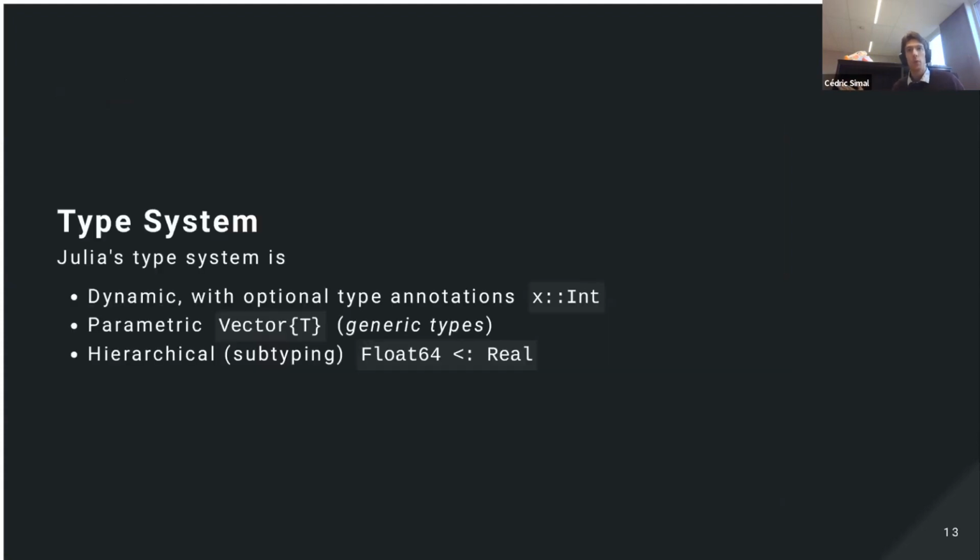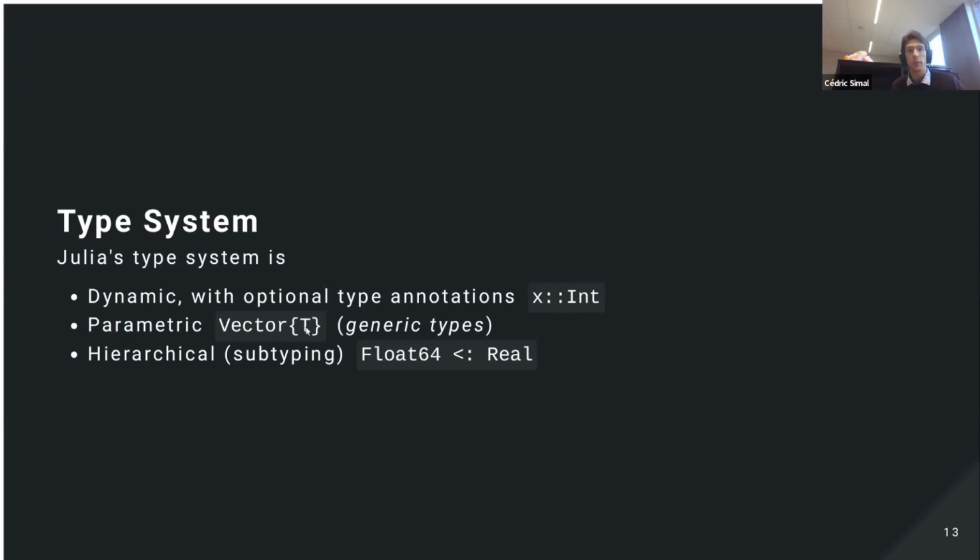To give you another description, the type system in Julia is dynamic, meaning you don't necessarily have to specify the type of your variable every time you define it, but you can optionally give a type annotation. This also means that at runtime, the type of your variables is inferred by the compiler. And an important point is that it's parametric.